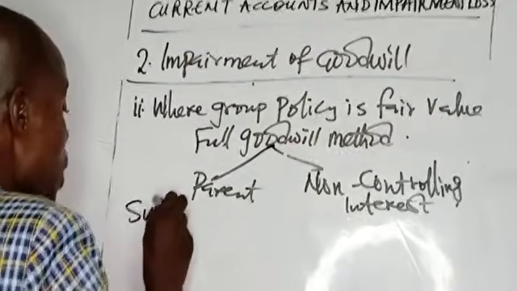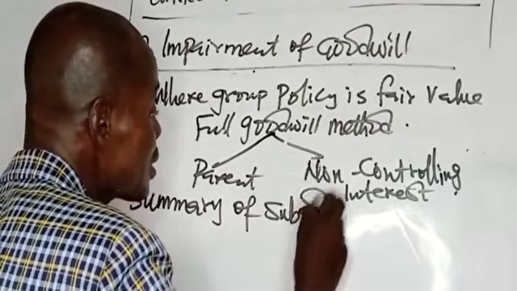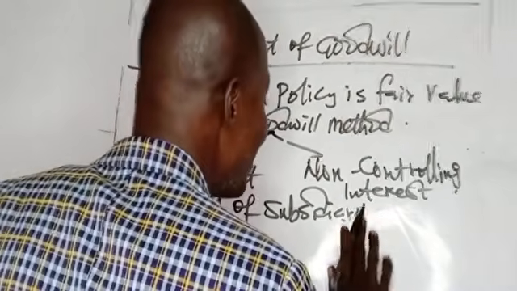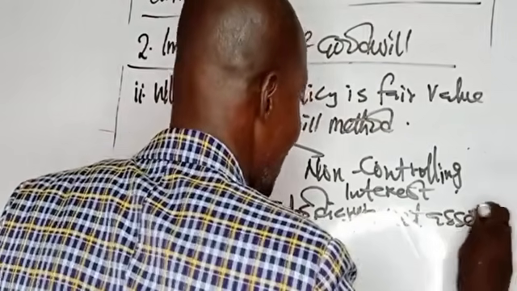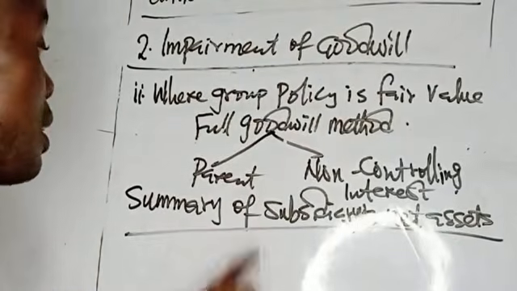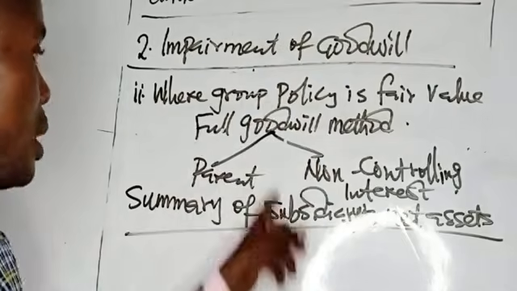Impairment loss should be used in the summary of subsidiary net assets where the policy is fair value. Deduct it from the summary of the subsidiary net assets, then also deduct it from the calculated goodwill.